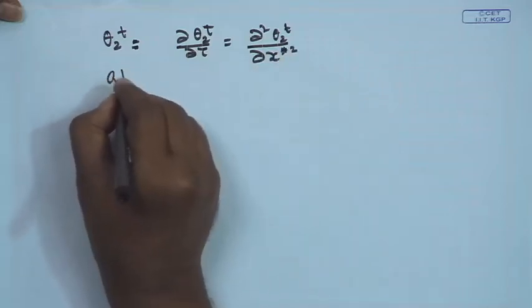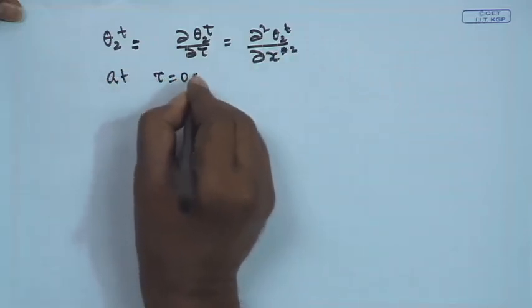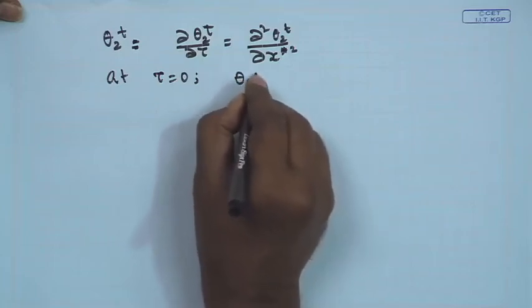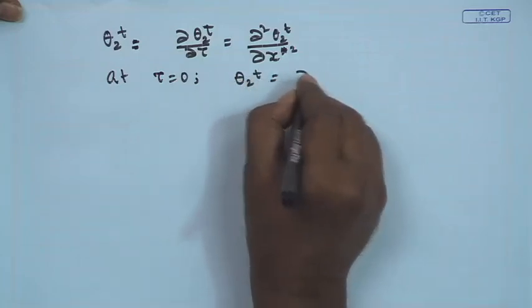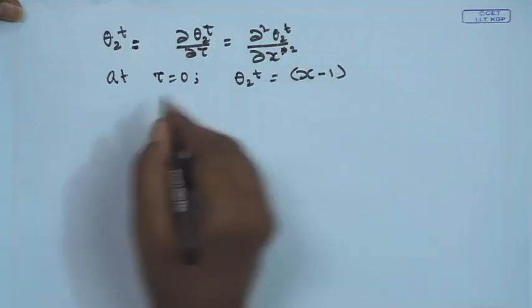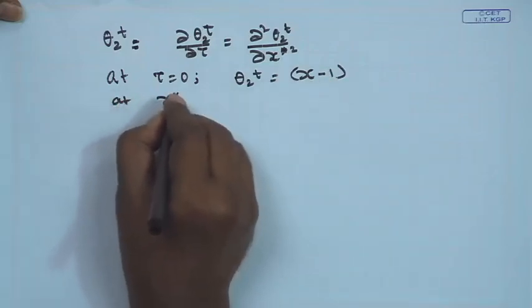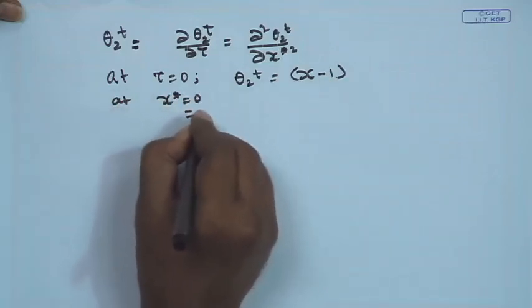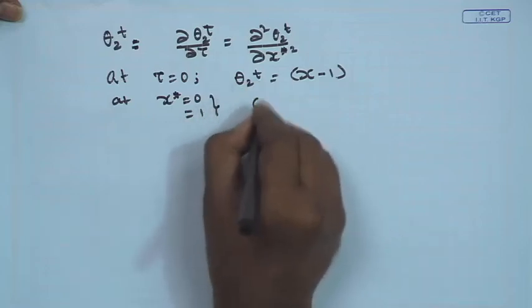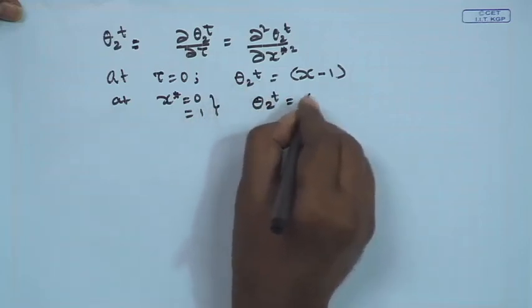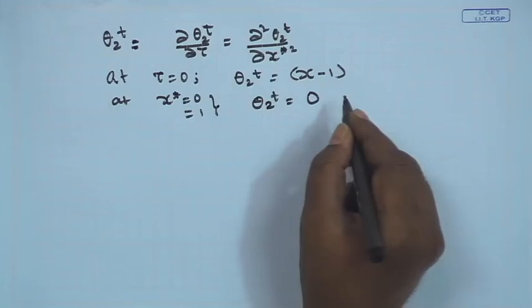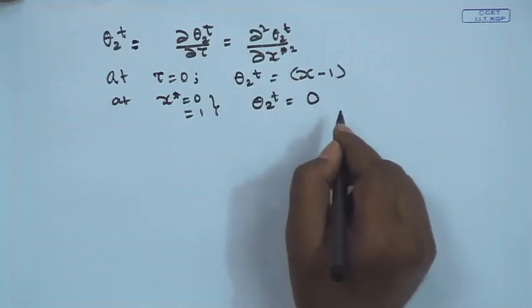At tau equal to 0, we have theta 2t is equal to x minus 1, and at x star equal to 0 and 1, we have theta 2t is equal to 0. Again we have solved this problem, we have looked into this problem earlier.